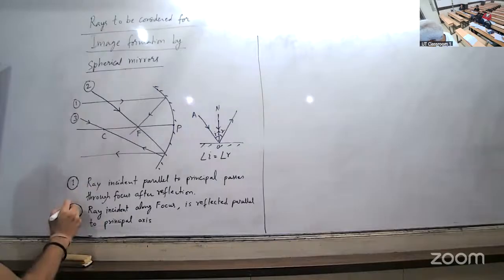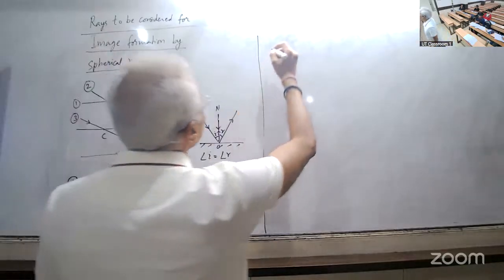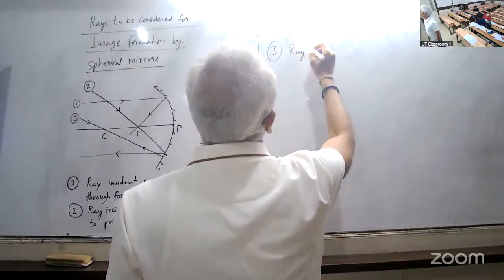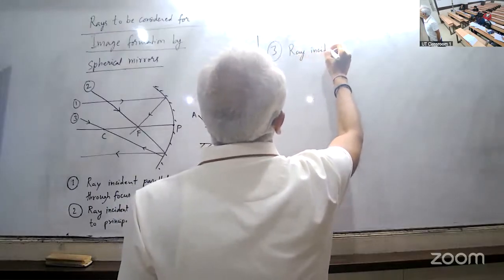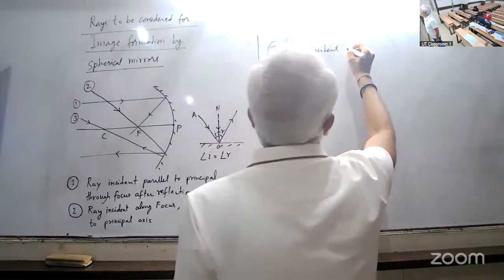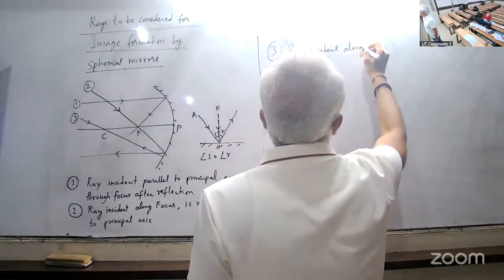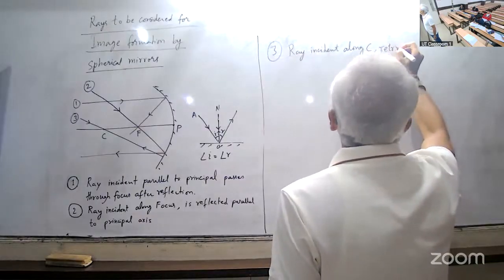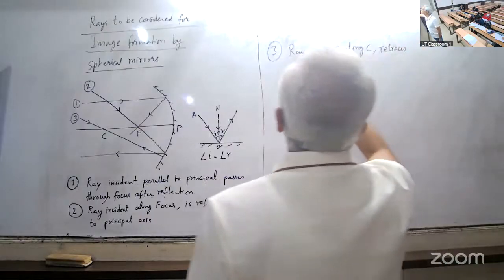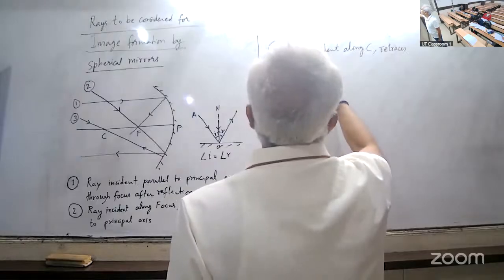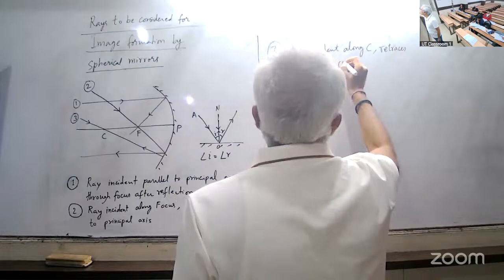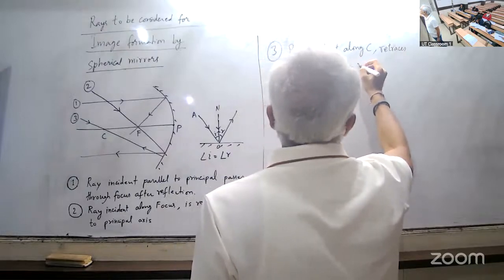Ray incident along C retraces the path after reflection.